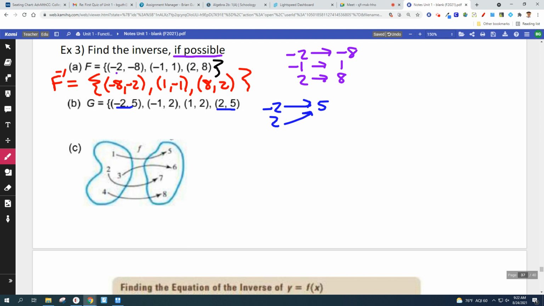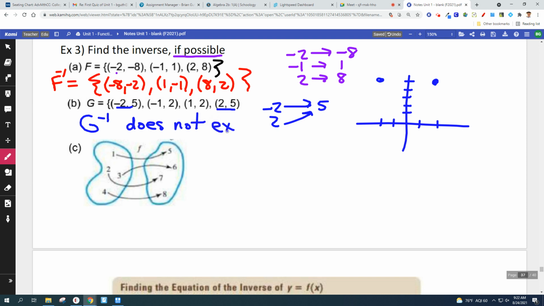If you look at a graph, you're going to have some graph, and I don't care what the rest of it looks like. That's not going to pass the horizontal line test. That's not 1-to-1, so there's no inverse. G inverse does not exist.